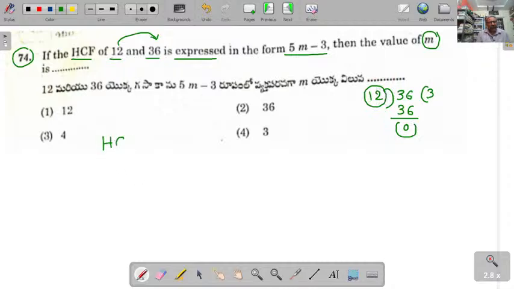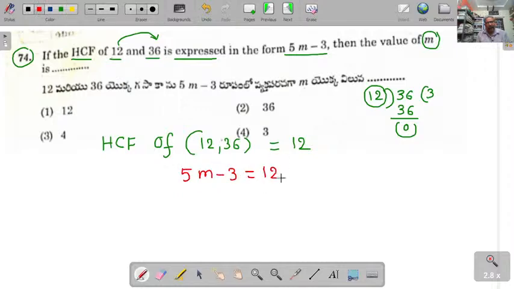So HCF of 12 comma 36 is equal to 12. But this 12 is being written as 5m minus 3. So that means 5m minus 3 should be equal to 12. Clear? Right? So 5m equals, transposing 3 that side, 12 plus 3, that is 15.